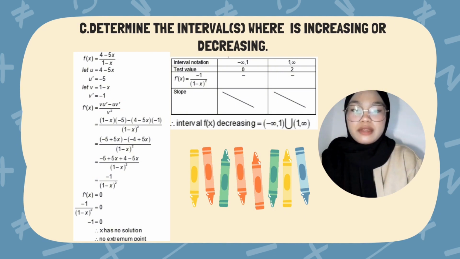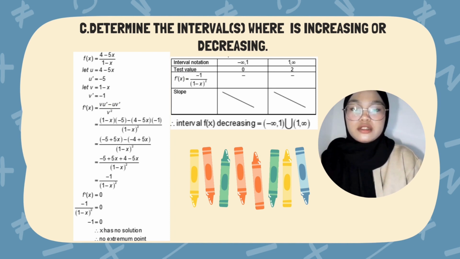Set f prime of x as 0. Then for f prime of x, we have found the answer before, so substitute it and we get negative 1 over (1 minus x) squared equal to 0. Bring (1 minus x) squared to the right side and multiply with 0 and we still get 0. So negative 1 equal to 0, which means x has no solution and no extremum. f prime of x is undefined when (1 minus x) squared equals 0.